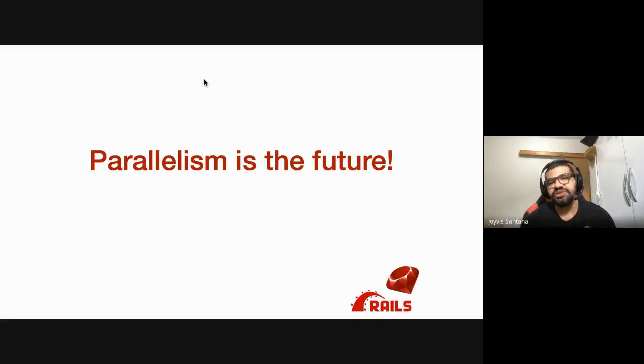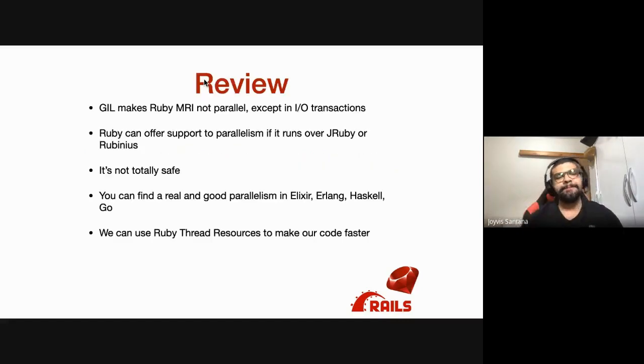So I'm telling you, the future is running code in parallel, and because of that, you can see more functional programming languages being popular now than, I don't know, 15 or 20 years ago.